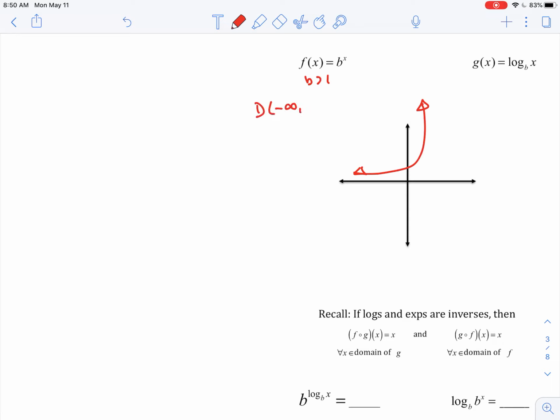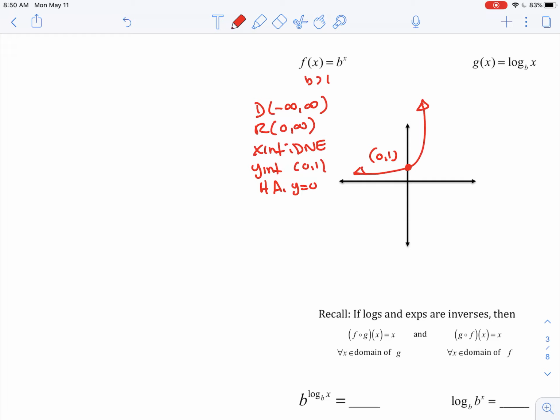We know our domain is everything. We know our range is above 0. We know that our x-intercept does not exist. We know we have a y-intercept at 1.